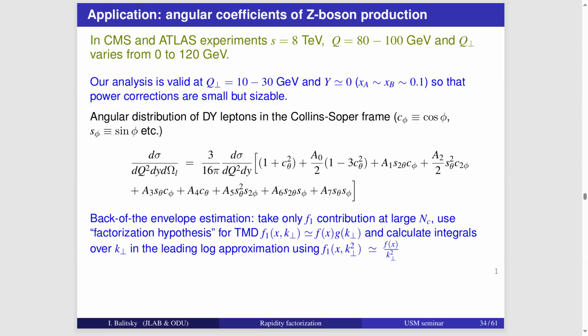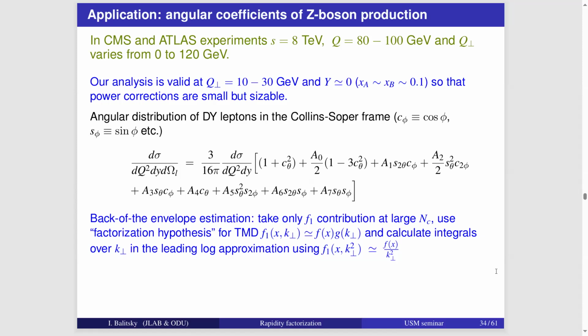So the power corrections are small but sizable. The angular distribution of Drell-Yan vectors in the Collins-Soper frame is parameterized in terms of eight parameters. They are called angular coefficients, and I have made a back-of-the-envelope estimate.